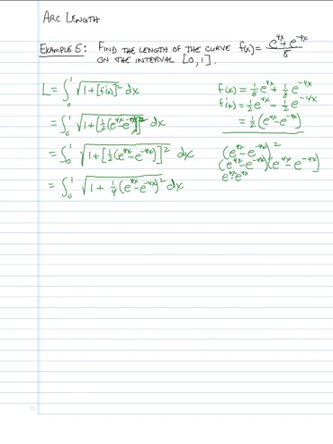And then we'll have e to the 4x times a negative e to the negative 4x. So that'll be a minus e to the 4x times e to the negative 4x. And then we'll have a negative e to the negative 4x times an e to the 4x. Well, so that'll be minus e to the negative 4x times e to the 4x.